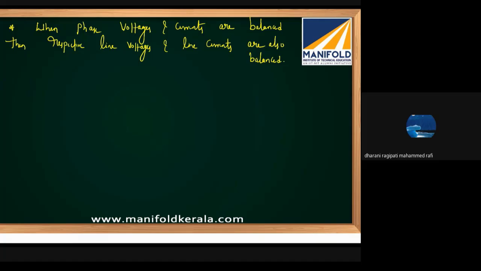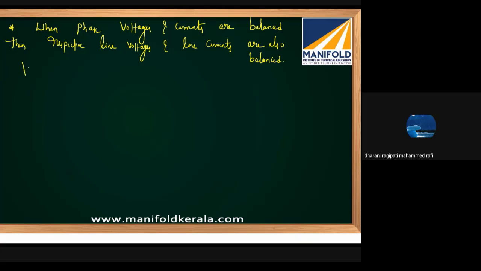So when the currents in the power system are balanced, it will automatically ensure that all the impedances in three phases are the same, all the induced voltages are the same, all voltage drops are the same. So everything is balanced, then only the currents will retain their balanced state. If the currents are unbalanced, that means some elements are unbalanced in the system and the power system is unbalanced.